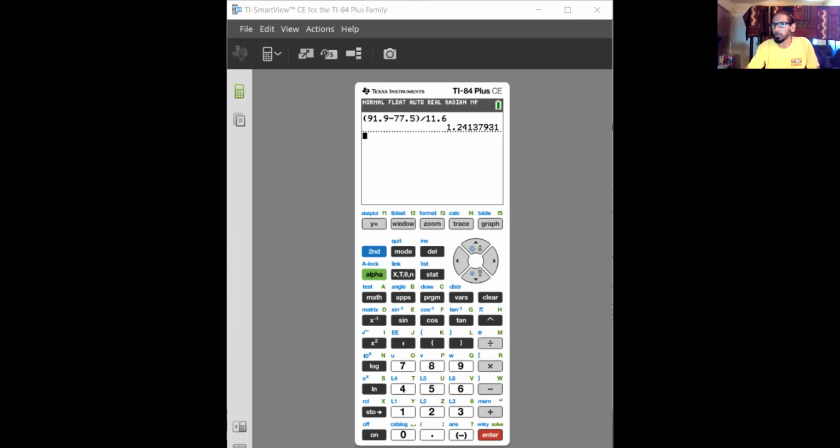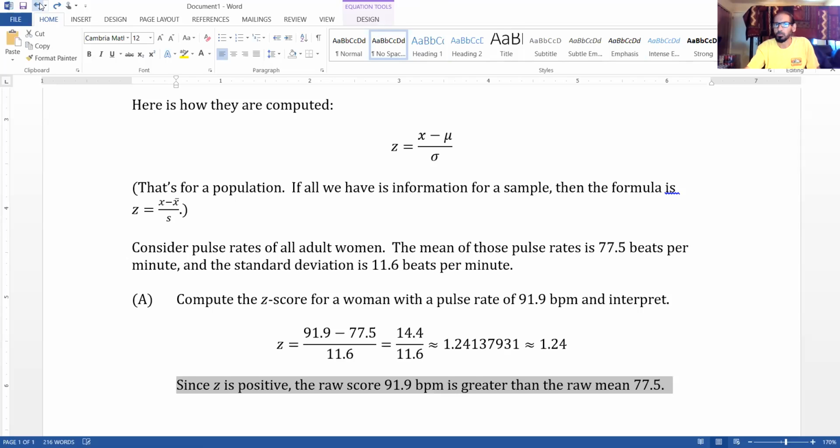Now, interpreting, and then one more example, and interpreting that. Since it's positive, even if I didn't have that initial information, when I see a positive z-score, I know that I'm looking at a score that is bigger than the mean. You should then expect a negative where the raw score is less than the raw mean. And we'll see that in a moment.